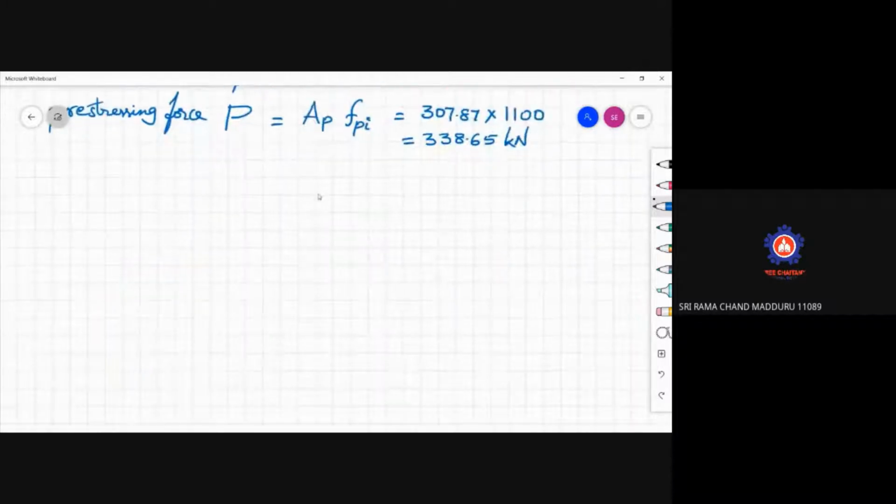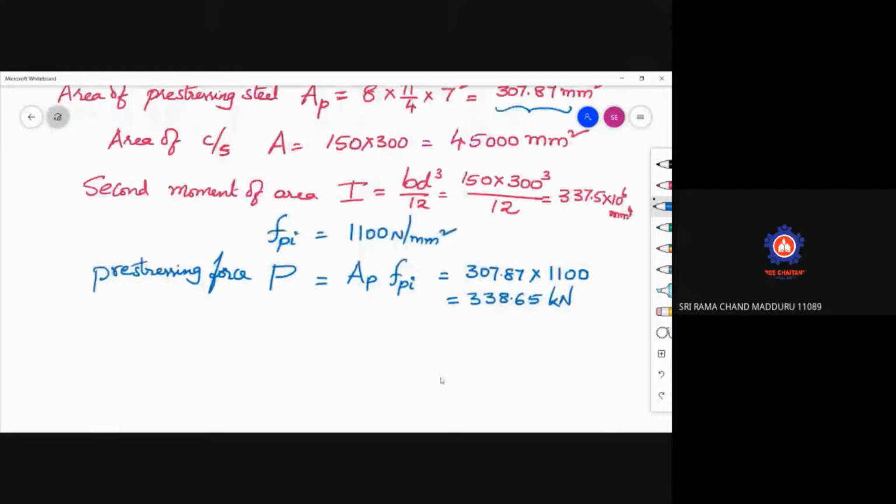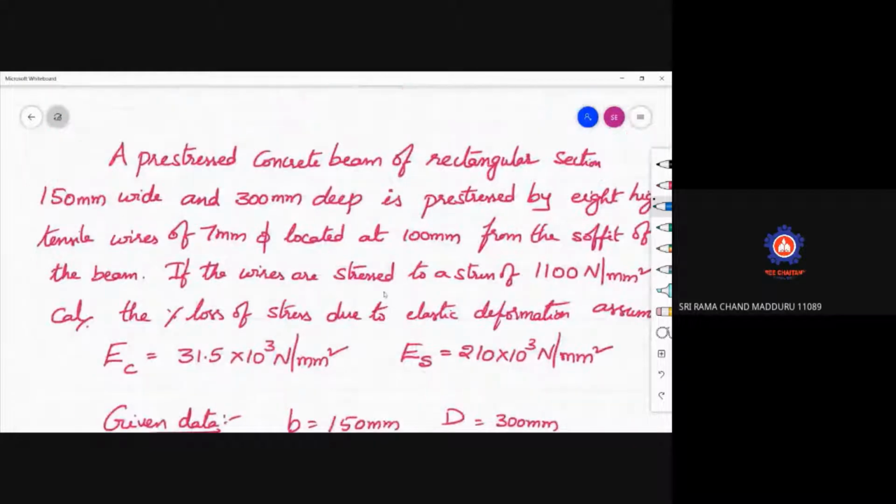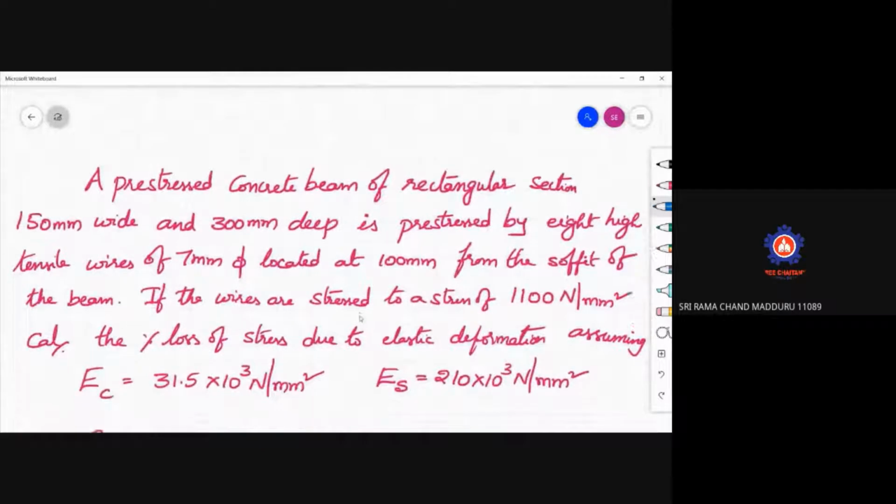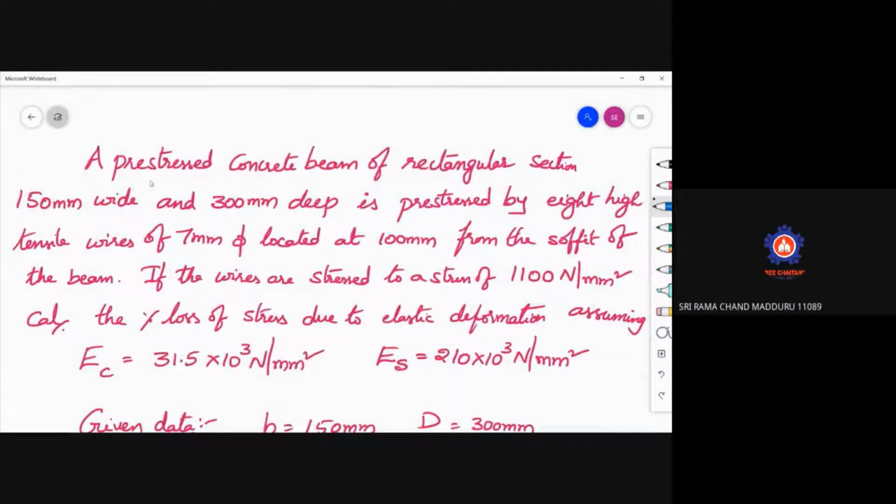After writing the pre-stressing force, now I need to calculate. What they are asking is, calculate the loss of pre-stress. First of all, our beam is pre-tensioned, so you need not bother whether the wires are stressed successively or all at a time or one by one. Make a note, this is a pre-tensioned concrete beam.